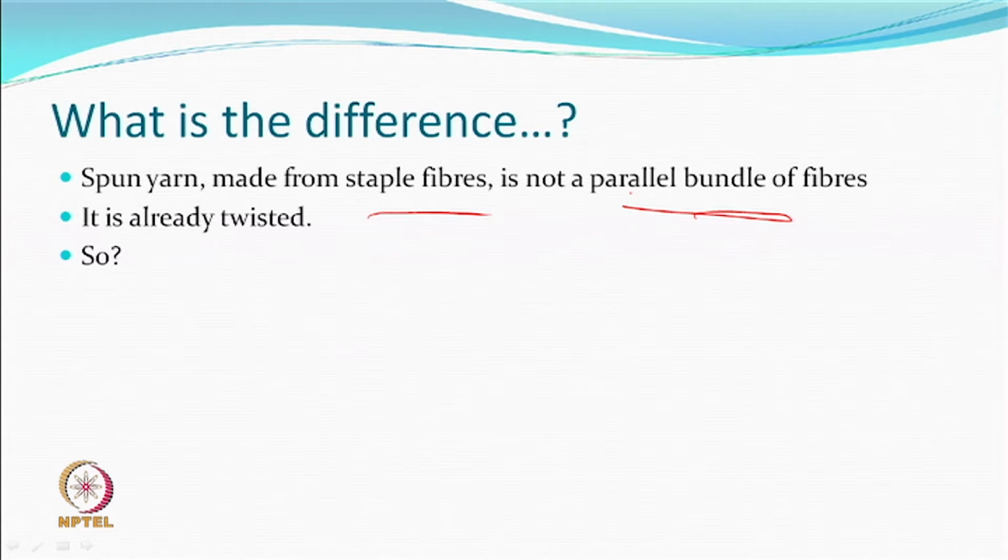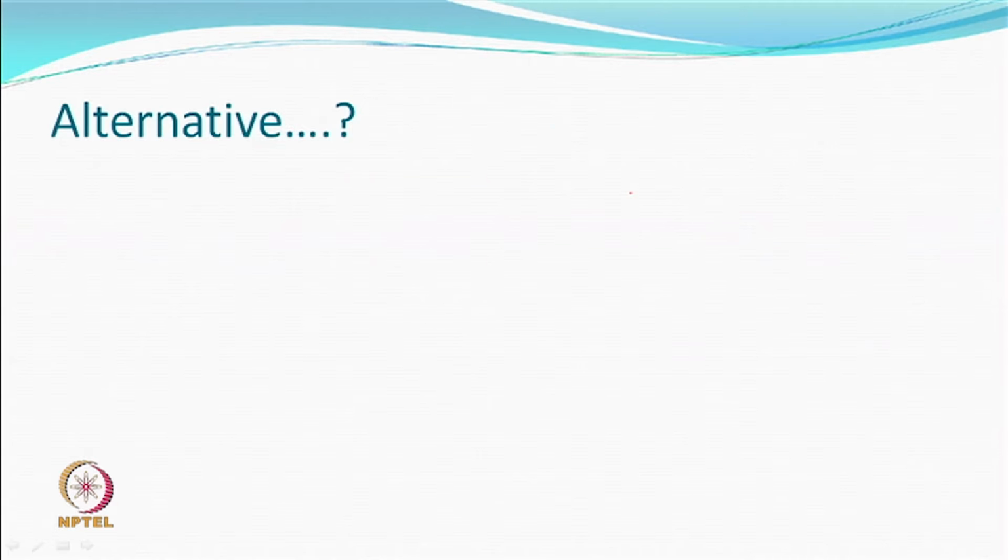This has to be different from what we have been doing before, because it is neither a filament nor a parallel bundle. So, what is the alternative? The alternative could be that you ply or double, take two yarns and then twist the ply, give them a ply twist, so that you can give the ply twist of whatever desirable level based on the denier of the yarn, and untwist after setting.